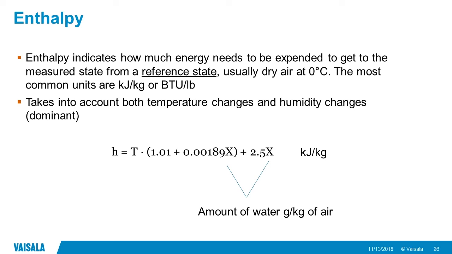Well, this is usually dry air at 0 degrees centigrade, or if you are using non-SI units like British thermal units per pound, the reference state is usually selected to be 0 degrees Fahrenheit, but dry in any case. And the units for these are then kilojoules per kilogram in SI units or British thermal units per pound.